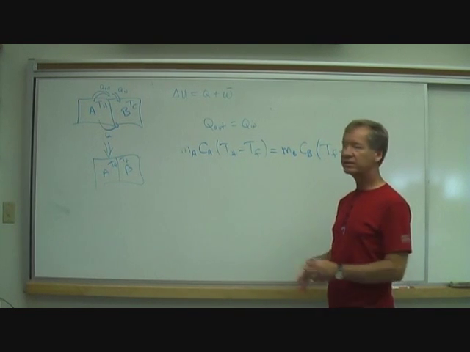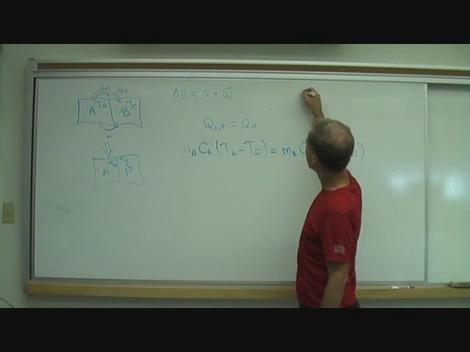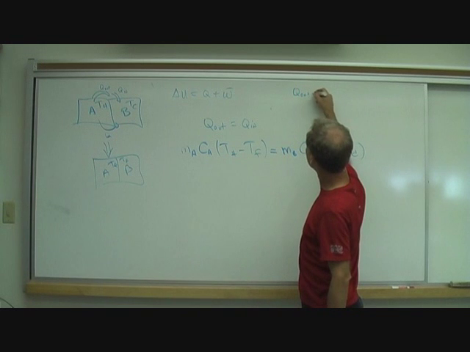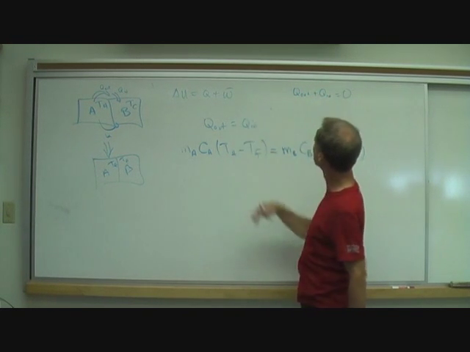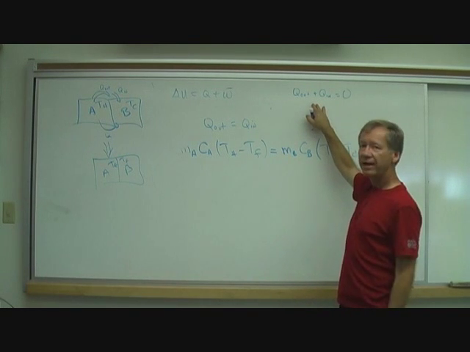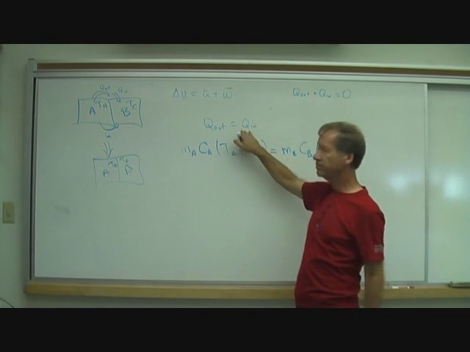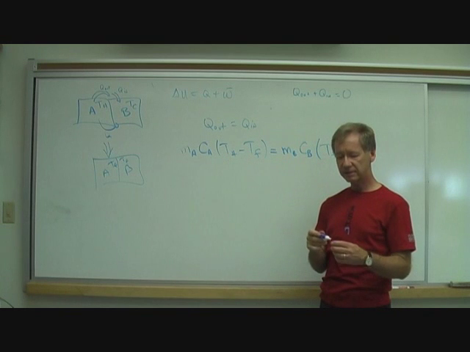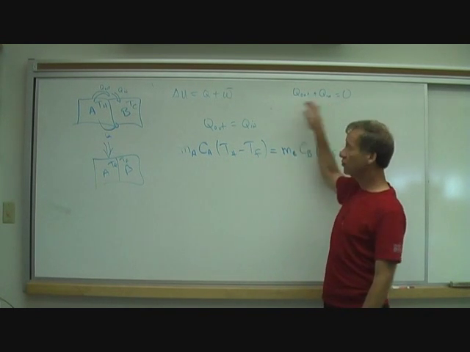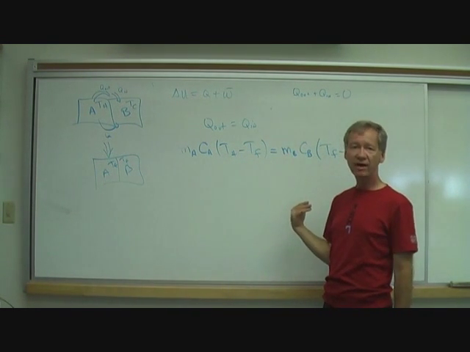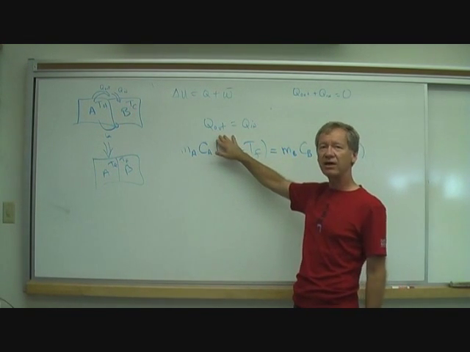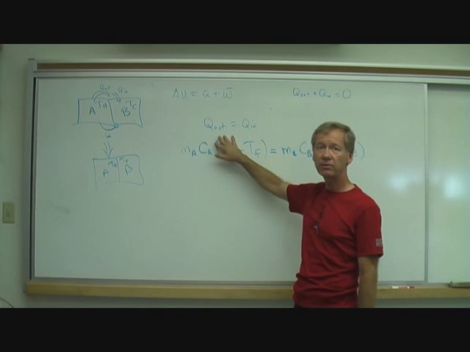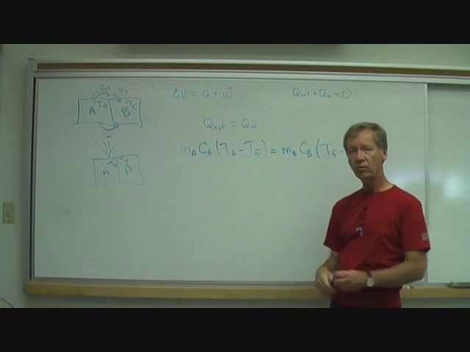If you want, you could say Q out plus Q in has to equal 0, and then you'd get a minus sign compared to the plus sign here, and you'd use the proper final minus initial. But what I'm looking for is both to be positive numbers. So here's the way that'll work.